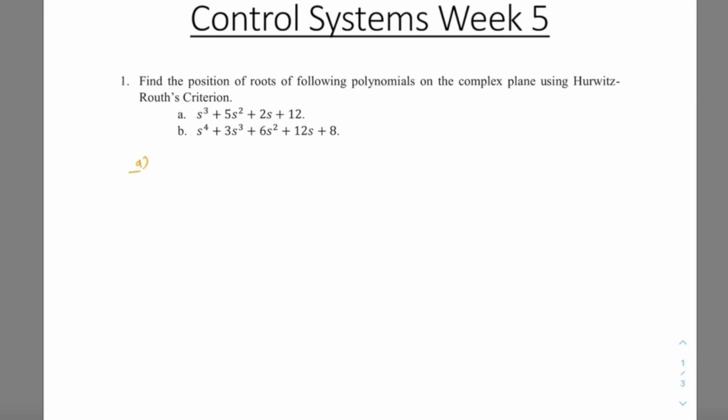So in the first one, the polynomial is given by this. If we construct the array, it's a third degree polynomial. So s cube, s square, s power 1 and s power 0.